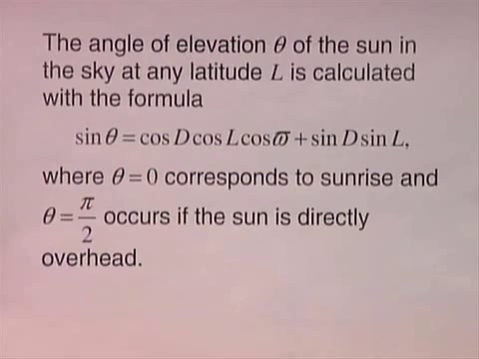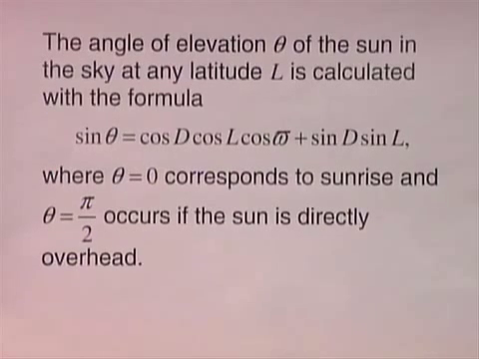In this example, we'll be modeling the angle of elevation of the sun. The angle of elevation theta of the sun in the sky at any latitude L is calculated with the formula sine theta equals cosine of d times cosine of L times cosine omega plus sine of d times sine of L, where theta equals 0 corresponds to the sunrise, and theta equals pi over 2 occurs if the sun is directly overhead.